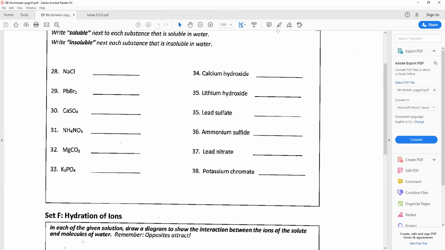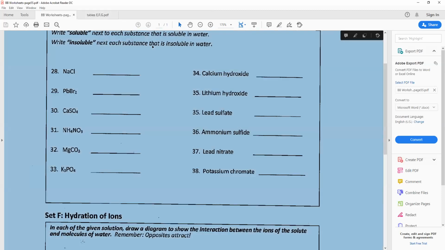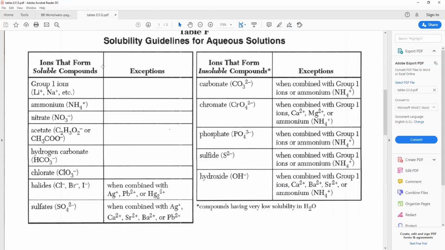Okay, let's go to number 32. Number 32, MgCO3. We're going to go back to our reference table. And we are going to go over here and we're going to have MgCO3.